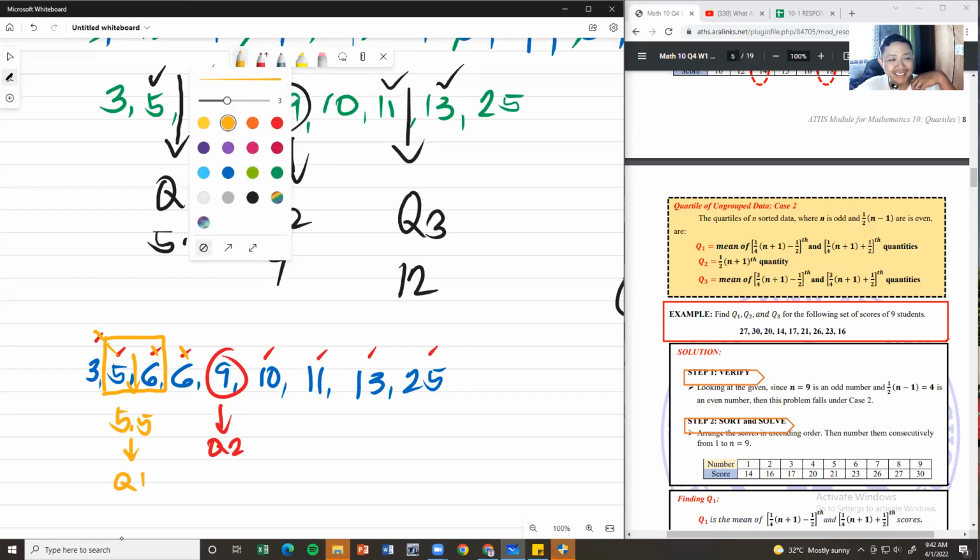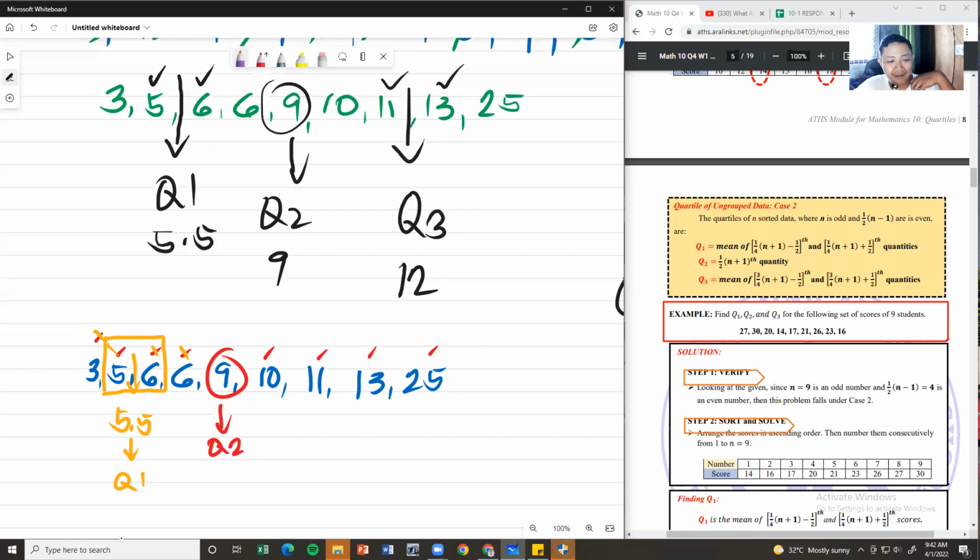Got it? And finally, for our third quartile, since 9 is part of it, we will not include it in our counting. So from 10 to 25: 10, 11, 13, 25. Again, there is no exact value in the middlemost part of our set.